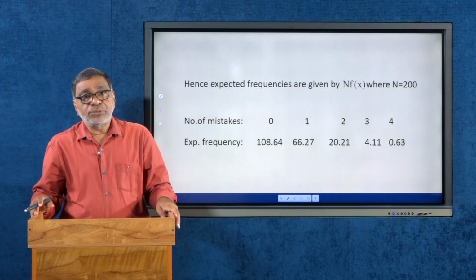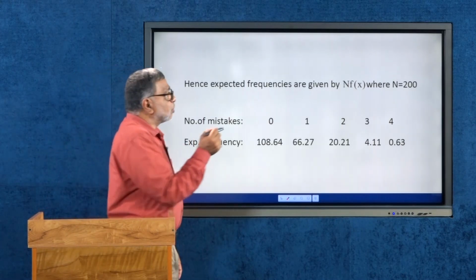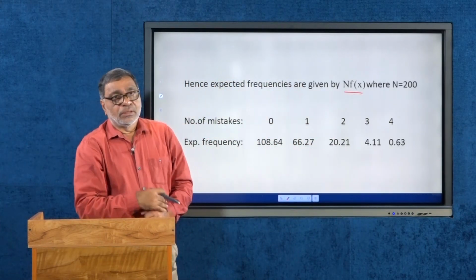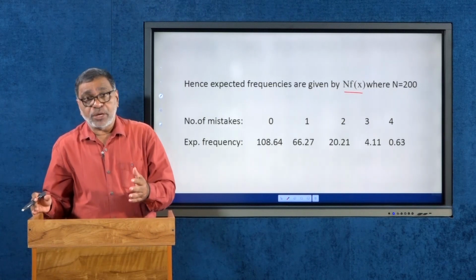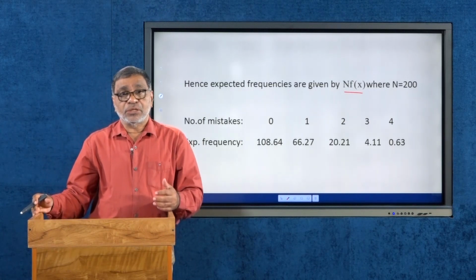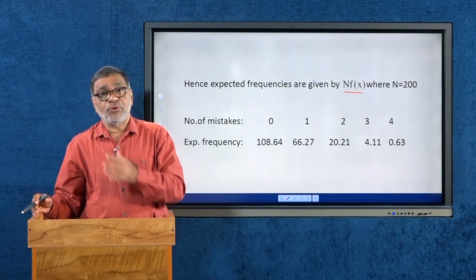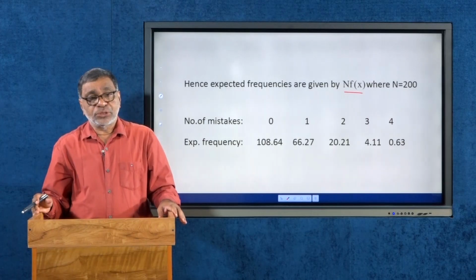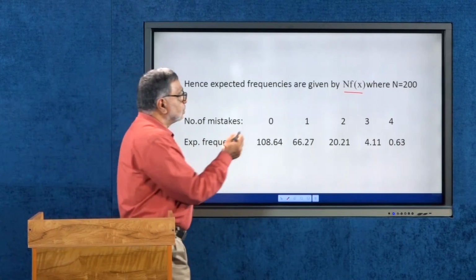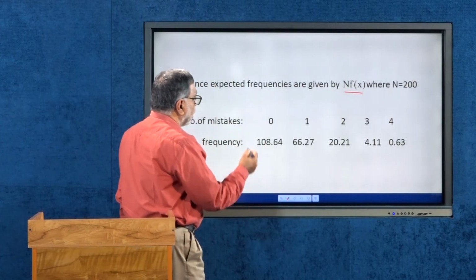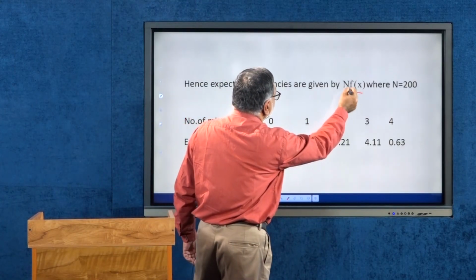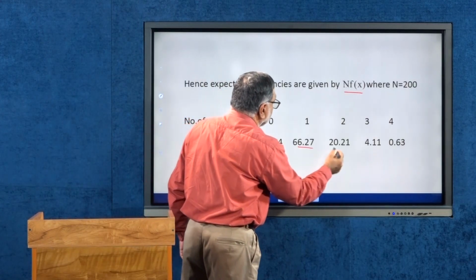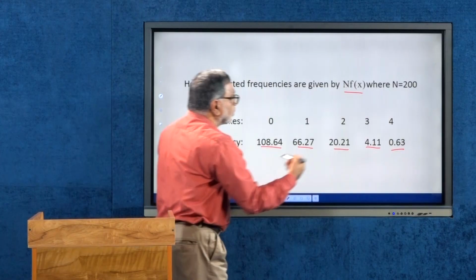Hence the expected frequencies are obtained by N times f of x. First you find the f of x values, the different probability values corresponding to x equal 0, 1, 2, 3, 4, and multiply with N to get the expected frequencies. So, for number of mistakes 0, 1, 2, 3, 4, multiplying the corresponding probability values with the total N, you get the values like this. These are the expected frequencies.